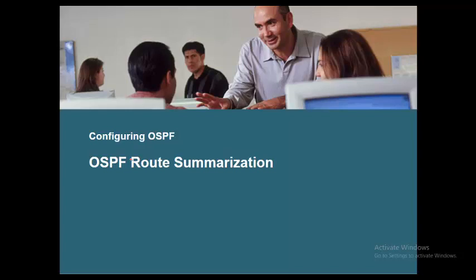ABR summarization is between two areas, a non-backbone area and a backbone area. That is ABR summarization. ASBR summarization is on the ASBR where we did redistribution.